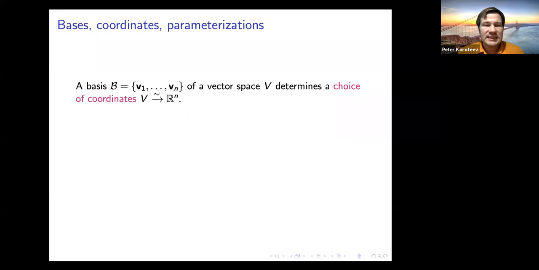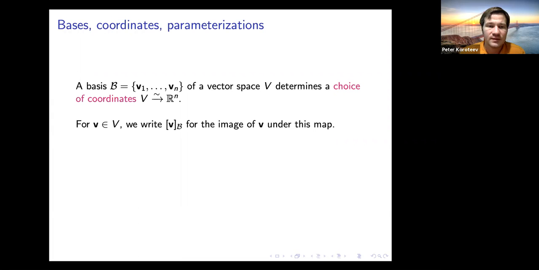A basis B, v_1 through v_n, of a vector space V thus determines a choice of coordinates via this isomorphism. So for a vector v from V, you can write v_B, the image of v under this map.